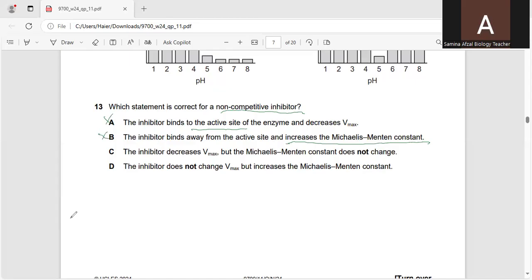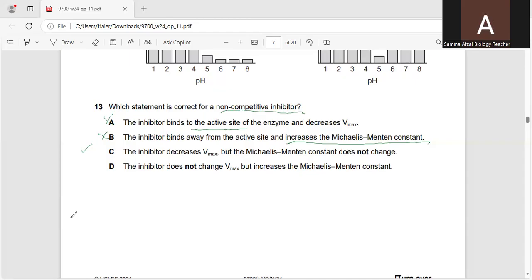The inhibitor decreases the maximum, but the Michaelis-Menten constant does not change. It can be a correct option, because the reaction rate will be decreased. Why decrease?